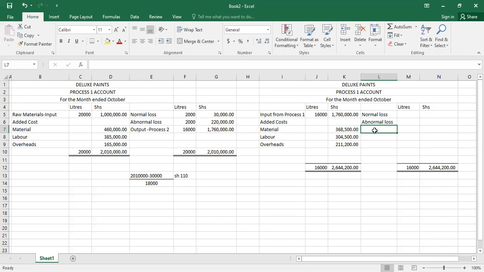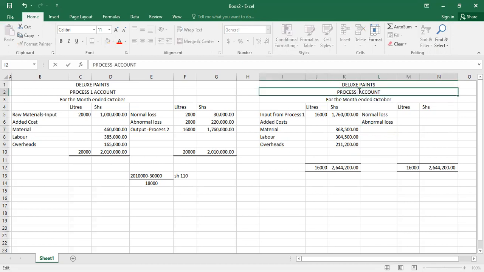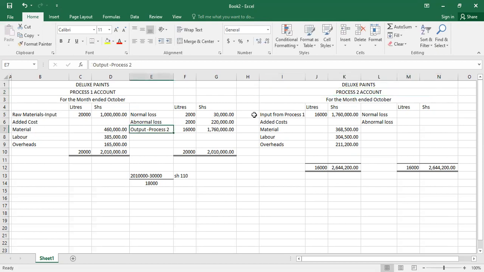Then we have processes, this process to account. We have 2 processes. So when we are talking of the output, our output now will be finished goods. Had we had another process, we would be talking of the transfer to process 3 or output to process 3. But in this case, we only have two processes.